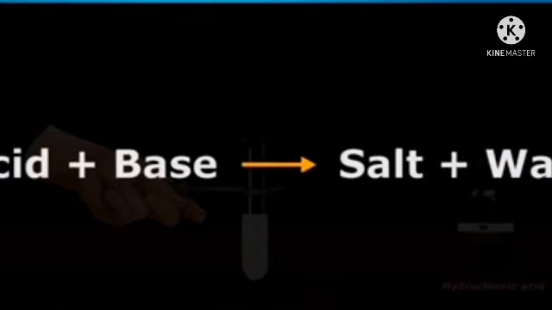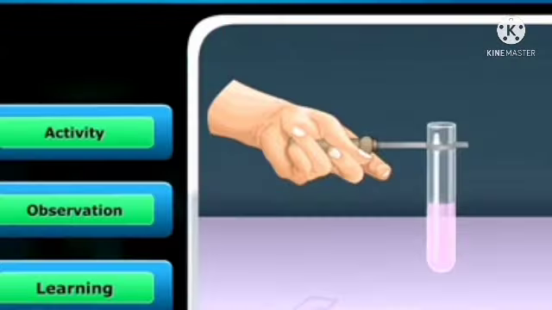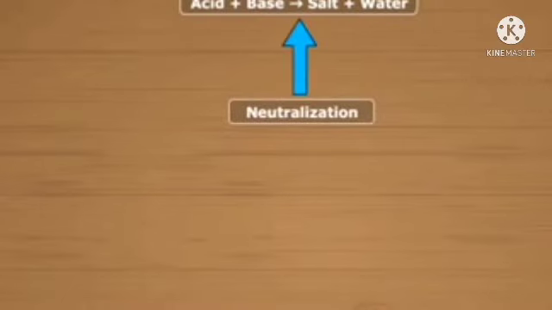Here the acid is HCl, the base is sodium hydroxide. Then HCl plus NaOH gives NaCl plus H2O. Acid plus base gives rise to salt plus water, that is the neutralization process.